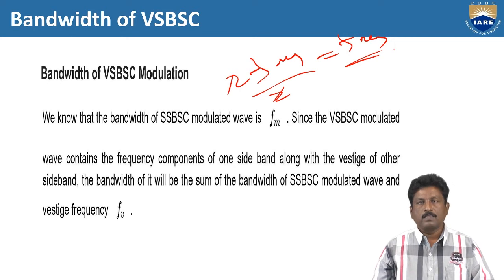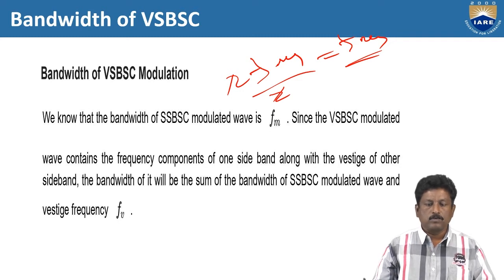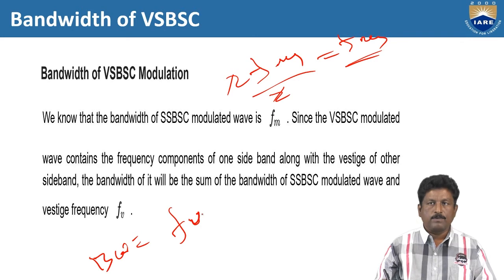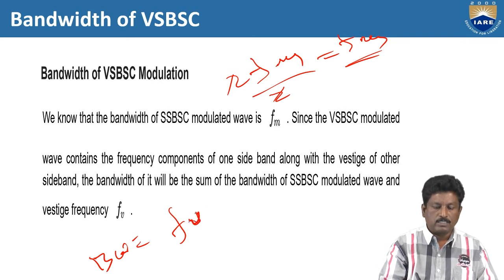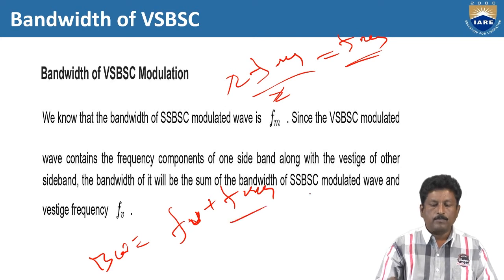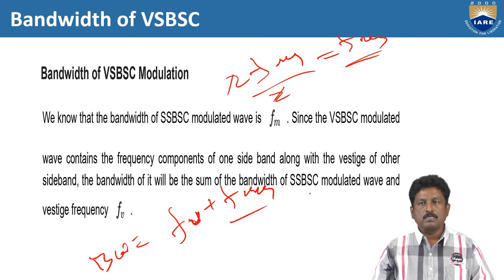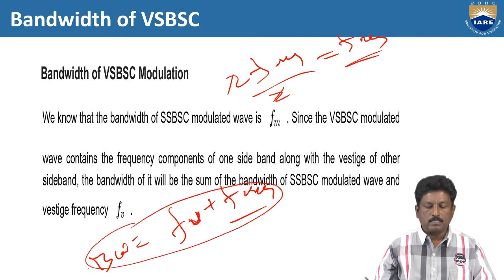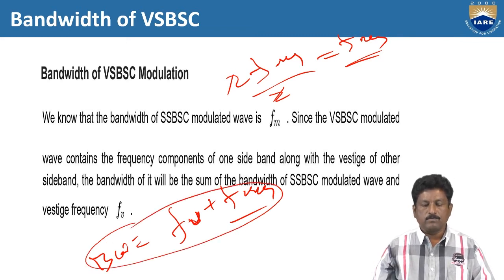Along with this complete sideband, we are transmitting the partial part of the other sideband, which can be considered as FV, where V stands for Vestige. So the total bandwidth for the VSB wave is the one complete sideband requirement FM plus FV.